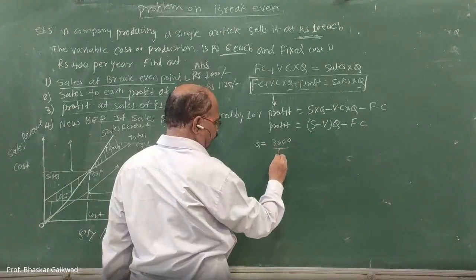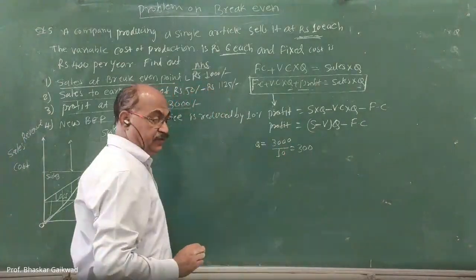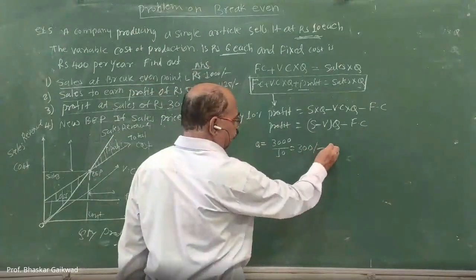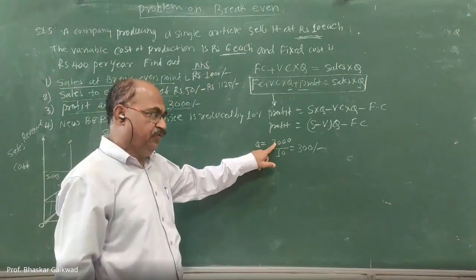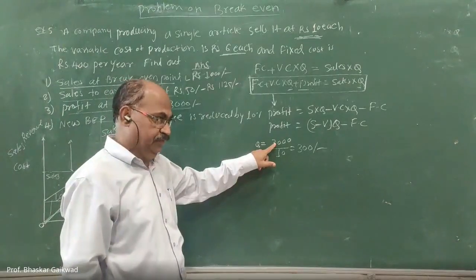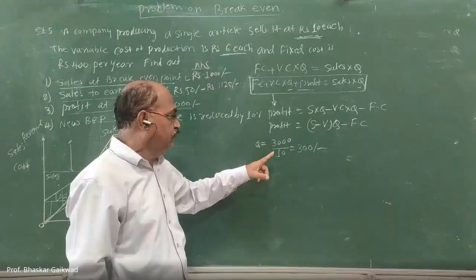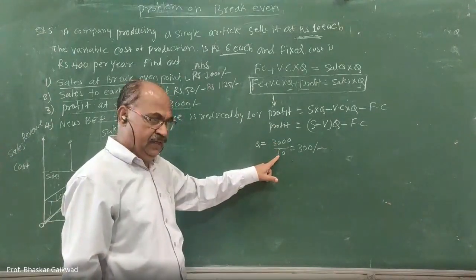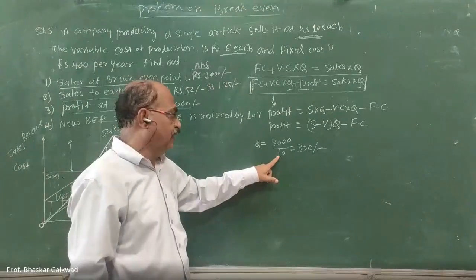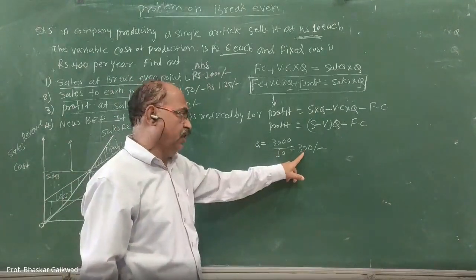So the quantity will be 300. We have to calculate this amount divided by the unit cost of that article, and you will get the quantity.